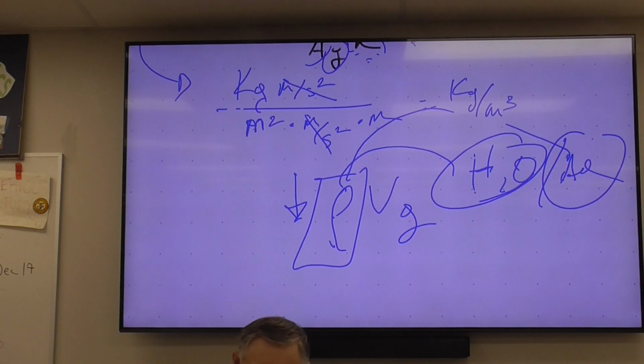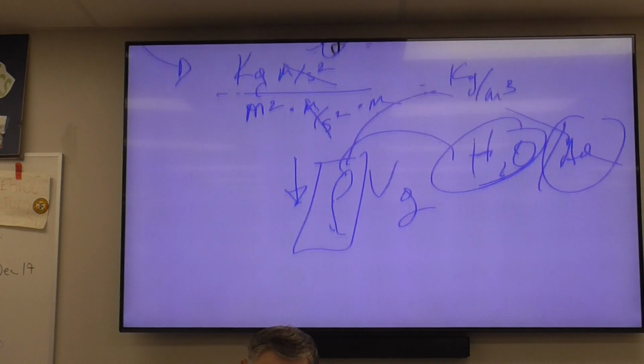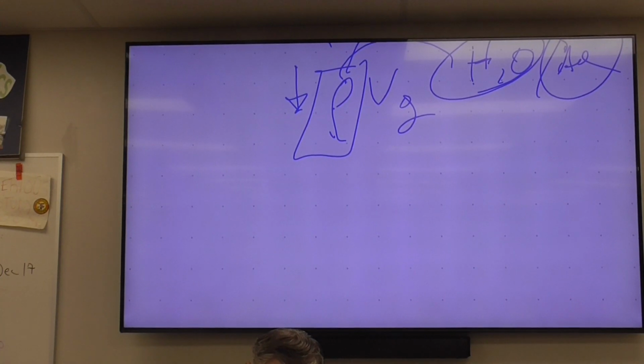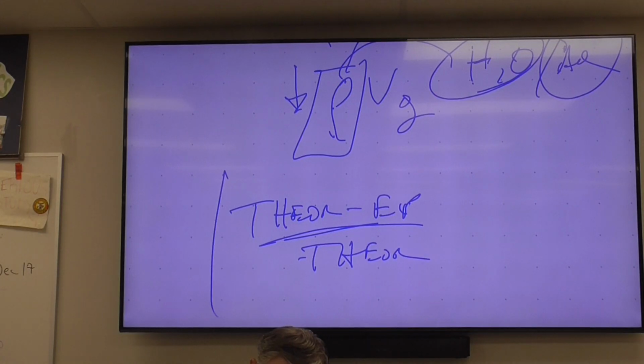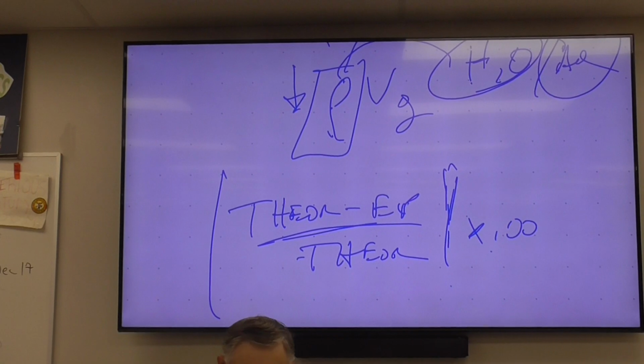For the average slope, don't make it difficult. I would just use the positive values. Technically they're negative, but we're trying to find density. It just works out that it's a negative value. On your experimental error, remember that's theoretical minus experimental, over theoretical, times 100.